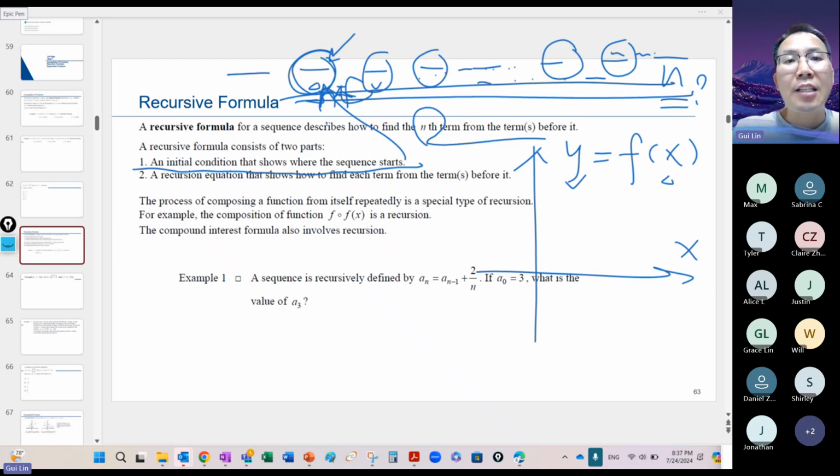But the recursive kind of pattern is not like that. It is determined by the previous term, not by x. It has more of a relationship with n. So given n, they give you the formula and the initial one.